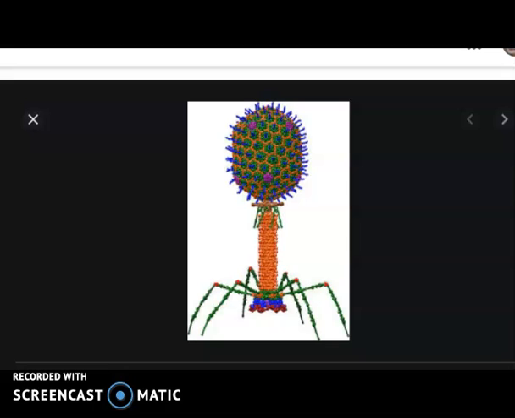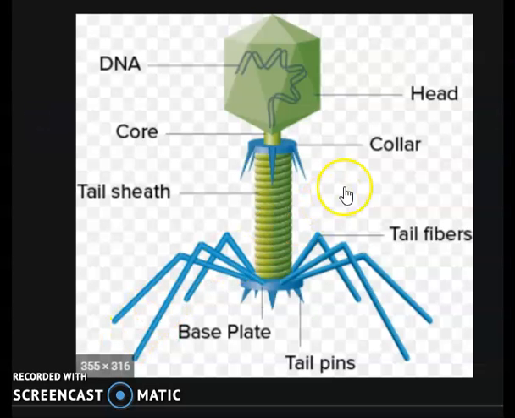Bacteriophage. A bacteriophage is a type of virus that infects bacteria. The protein coat is called a capsid. It is made up of smaller units, the capsomeres. Capsomeres are arranged in polyhedral or helical forms. The capsid protects the genetic material.